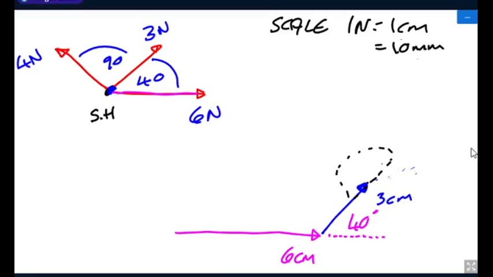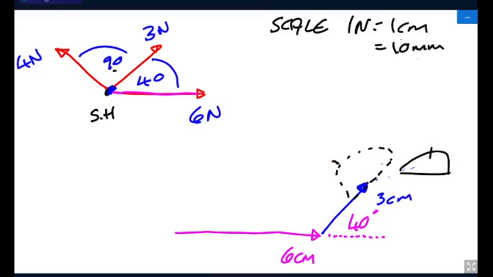What would I measure? Somebody tell me, what would I have to measure from here? I'm going to draw the 4 now. And the angle between the 3 and the 4 is, let me scroll down because I can't see the answers, 90 degrees. So you put your protractor on there. Don't put it straight like that and draw 90 up here. It's not going that way. There's my 3 and the 90 degrees is here.